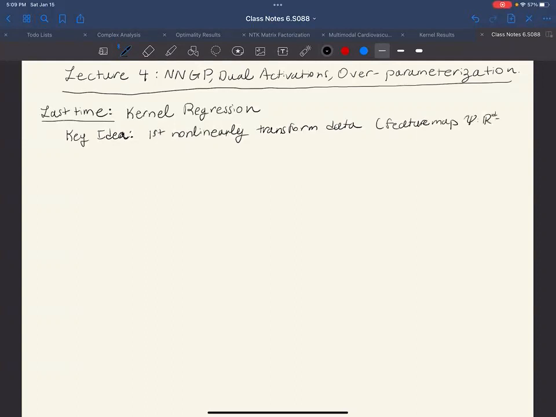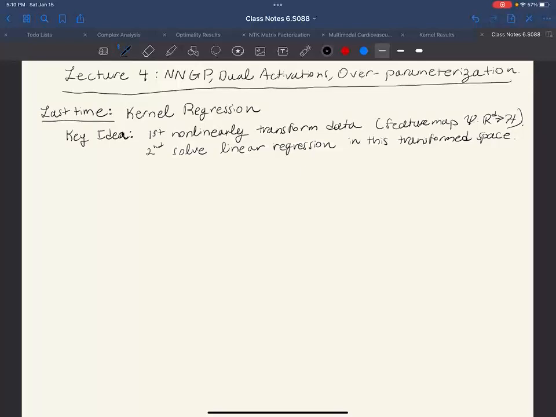We spoke about psi from R^d to a potentially infinite dimensional Hilbert space. And then the second part was to solve linear regression in this transformed space.